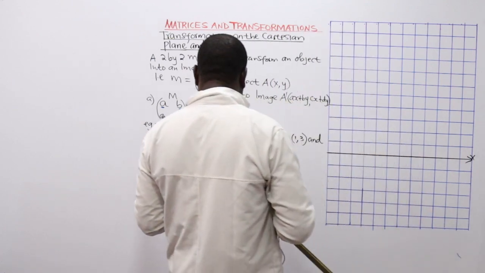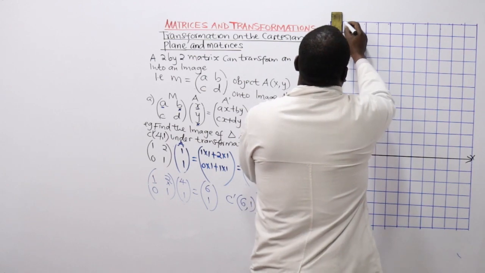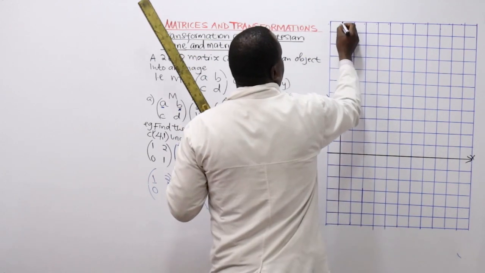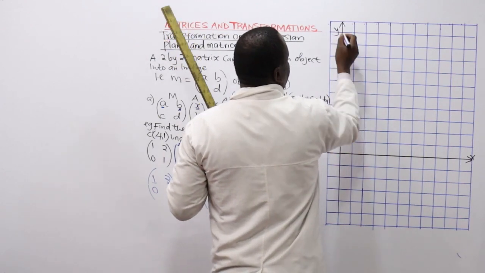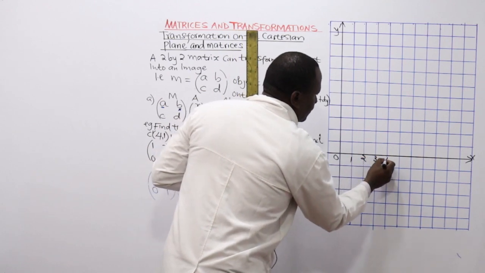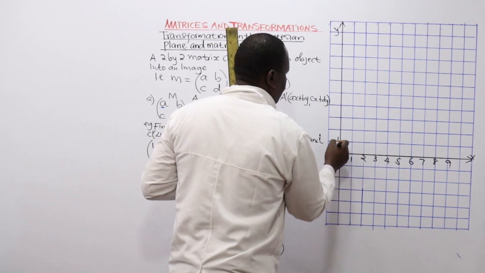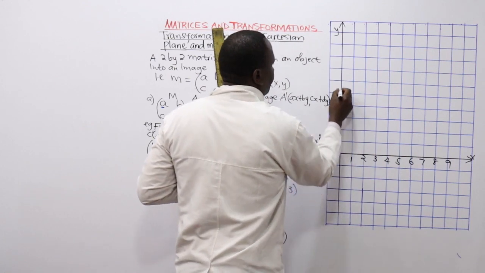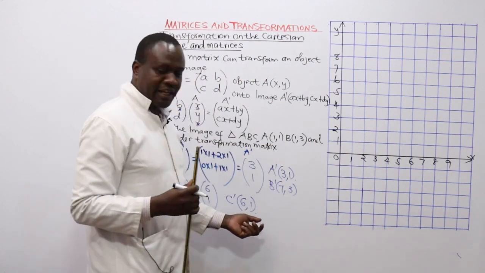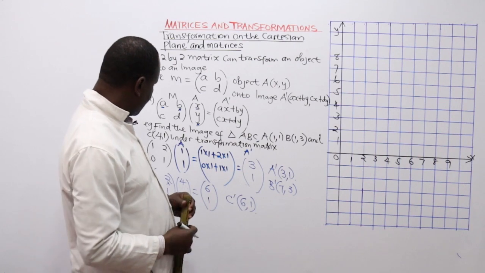That's the x-axis. This is the y-axis. Because there are no negative values here, we don't concern ourselves with the other quadrants.